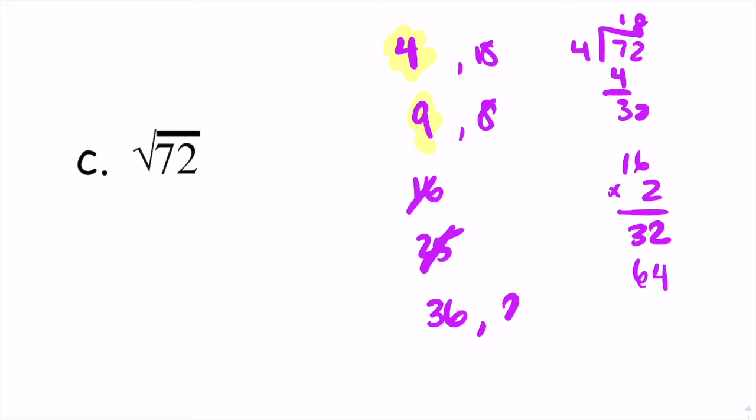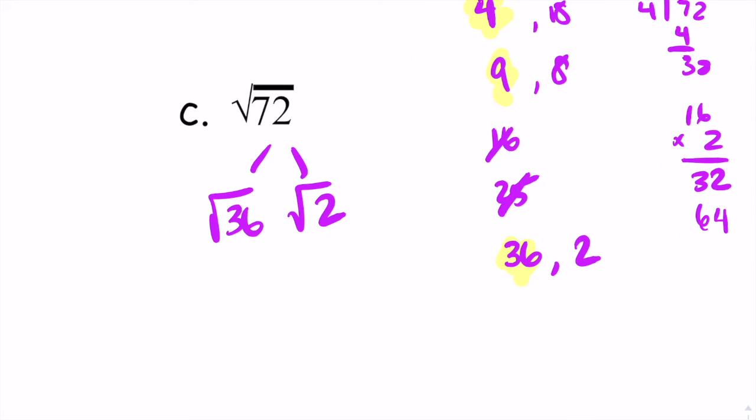I get 36 and 2. Yeah, 36 and 2. 36 is a perfect square. So from here, you see we have 3 perfect squares that fit inside. I want to choose the biggest one, and the biggest one in this case is 36. So I could split this up into root 36 and root 2. From here, my square root of 36 is 6, so I get 6 root 2. So that is it in simplest form.